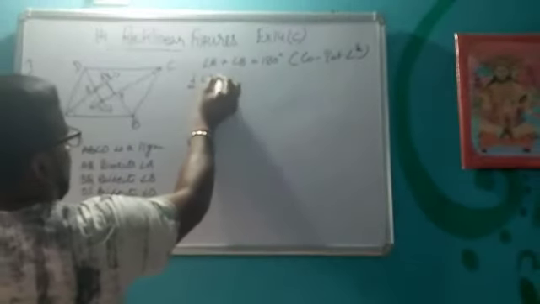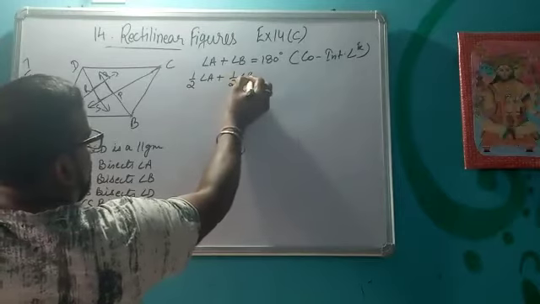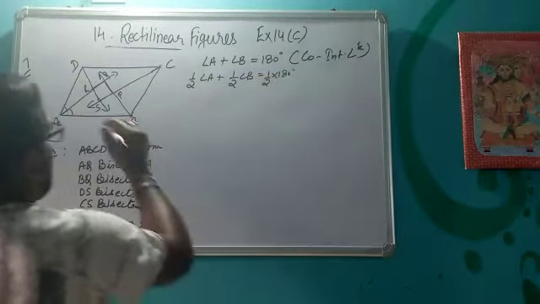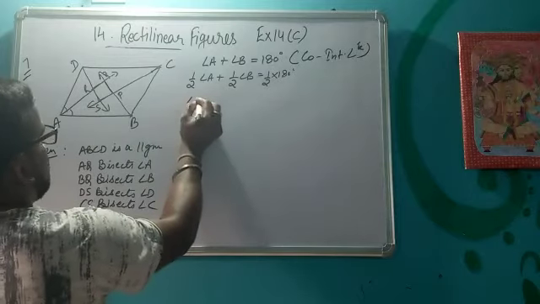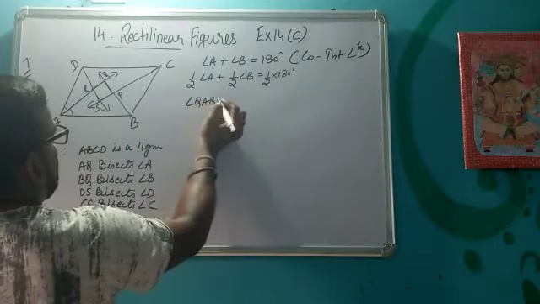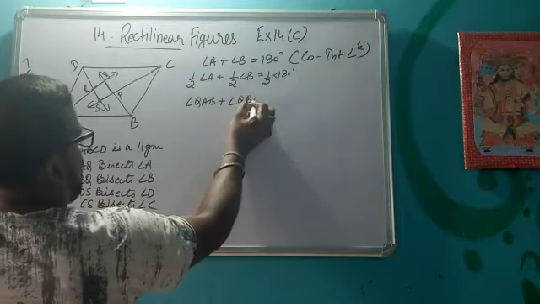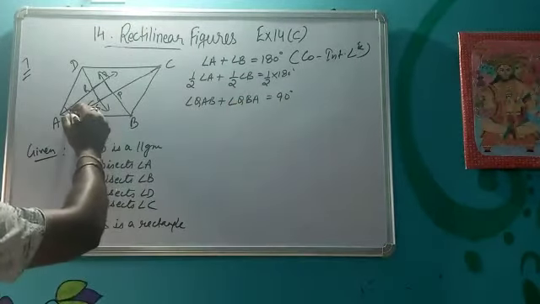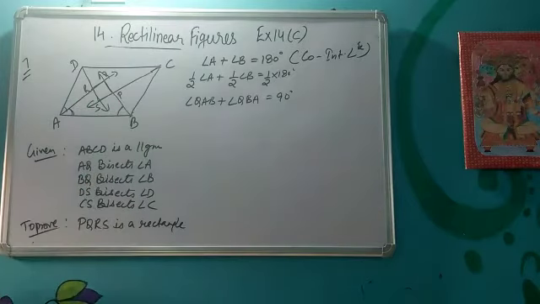So if I take half of angle A, half of angle B is equal to half of 180 degree. So half of angle A I will take angle QAB plus angle QBA equal to 90 degree. So I have taken these angles.